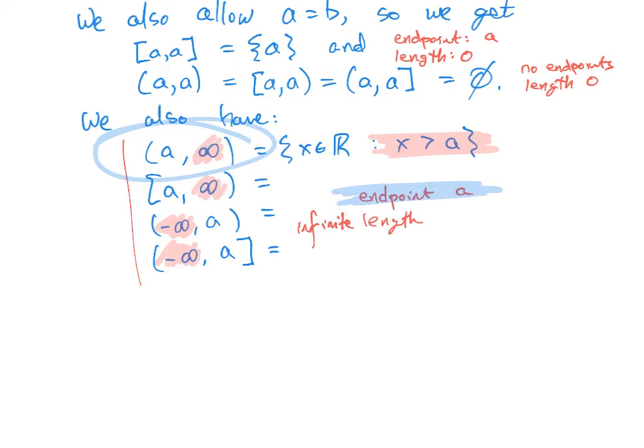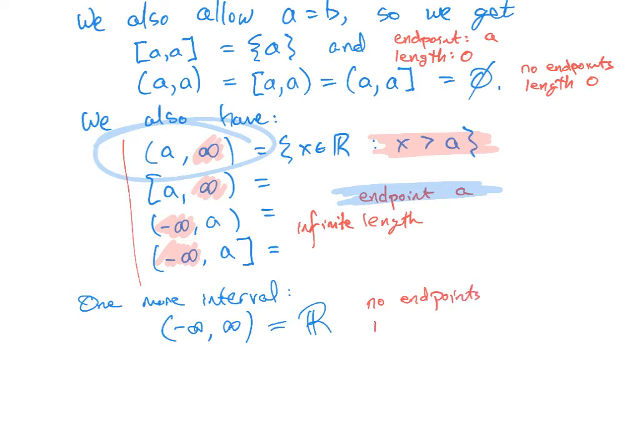And that's why its only endpoint is A. Now there's one more type of interval, and that's if we go from minus infinity to infinity. That's the entire real line. It has no endpoints and infinite length.